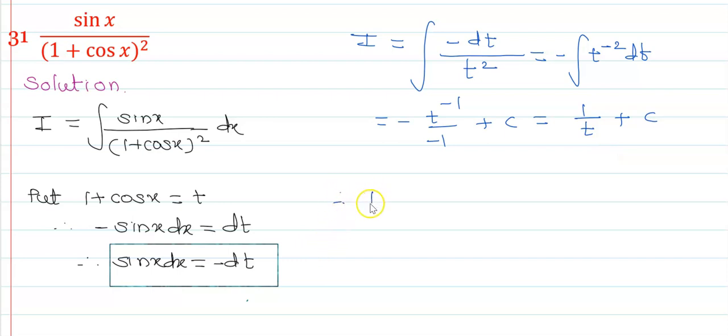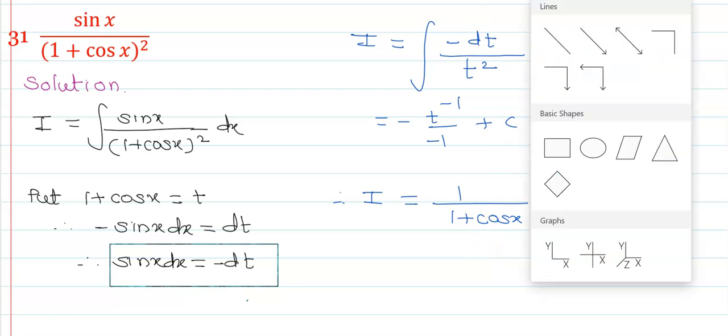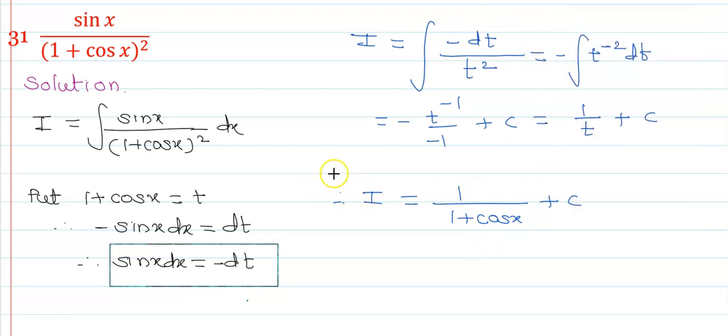And hence, I is equal to 1 upon t, meaning 1 plus cos x, plus c. Okay. And this is the answer.